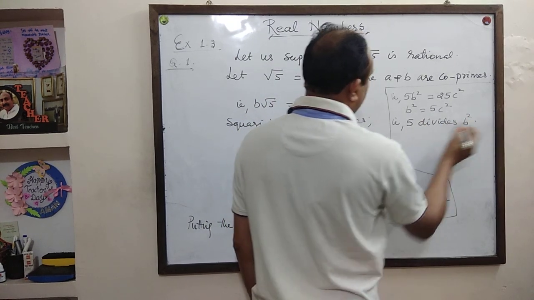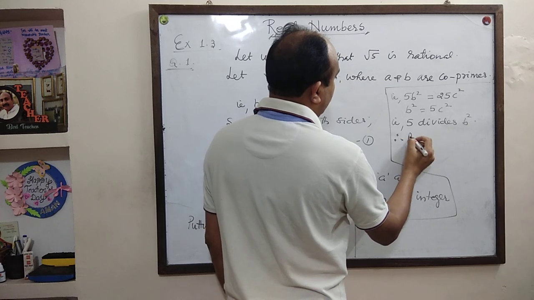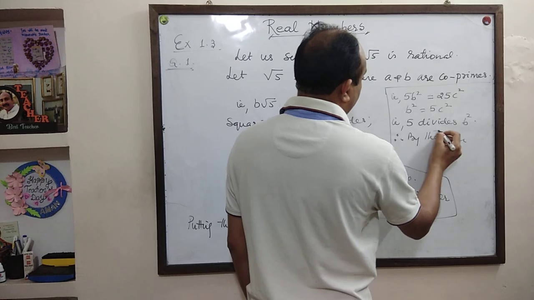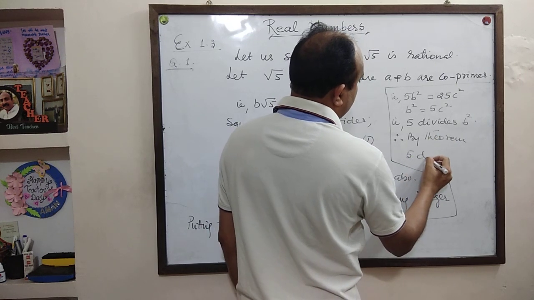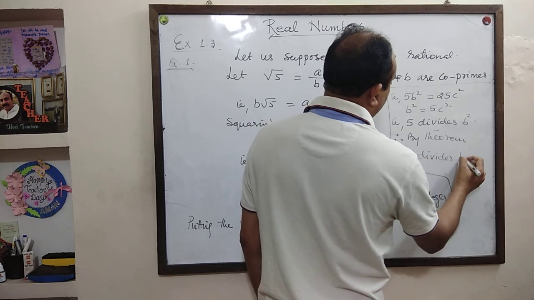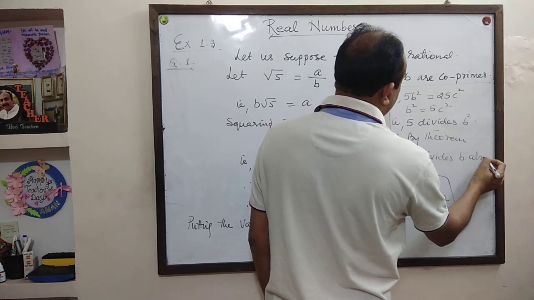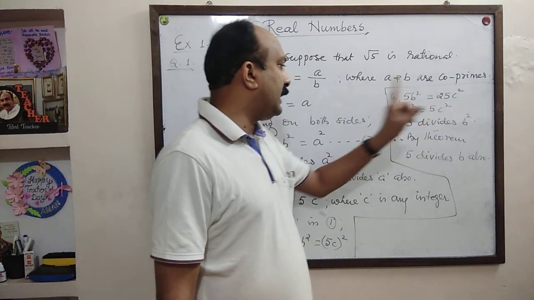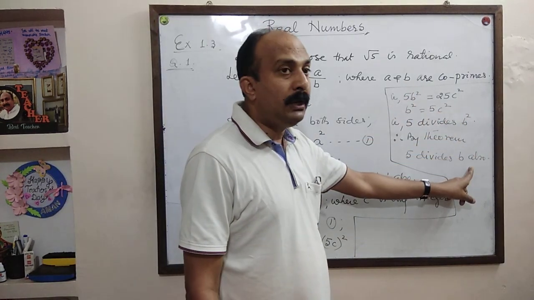Therefore, by theorem, 5 divides b also.